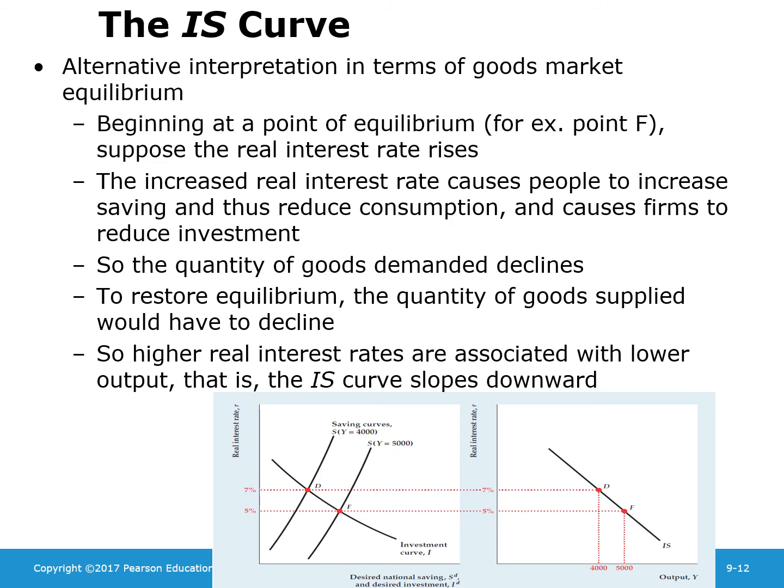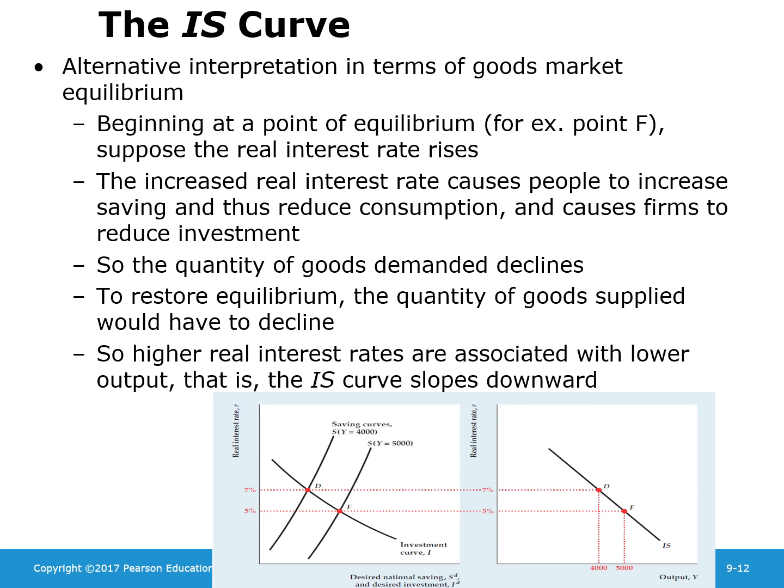So we reach the same conclusion: to reach goods market equilibrium, if the interest rate rises, then output has to decline. In this example, when the interest rate increased from point F to point D, from 5% to 7%, the output has to decrease from 5,000 to 4,000.